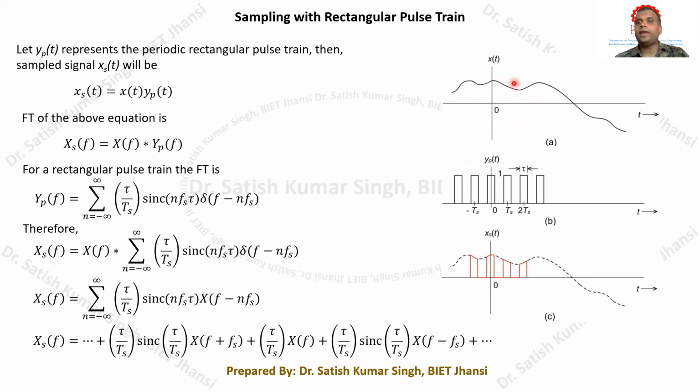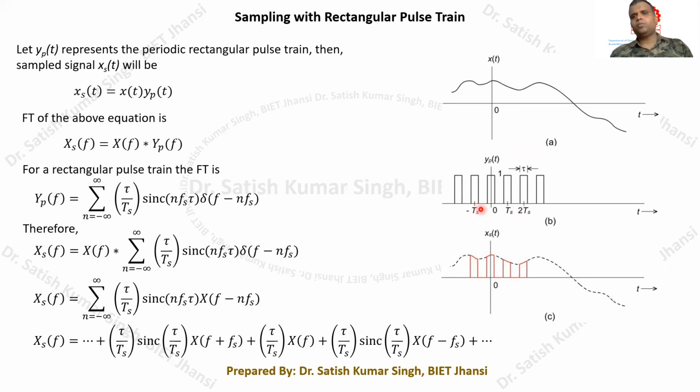Whatever be the variation in x(t), the same variation will also appear for the duration of tau in this multiplied version of the pulse train. So here you can see that it is taking this shape again. Here it is taking this shape. Again here it is taking this shape. Whatever be the shape of the message signal, the same shape for the duration of tau is going to appear in the multiplied version of these two signals.